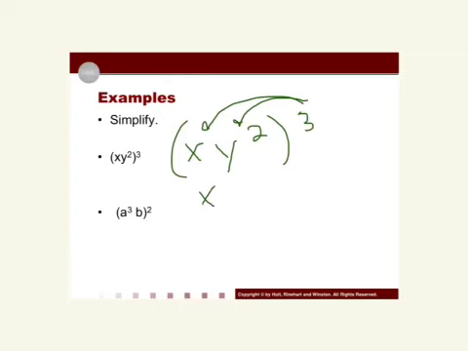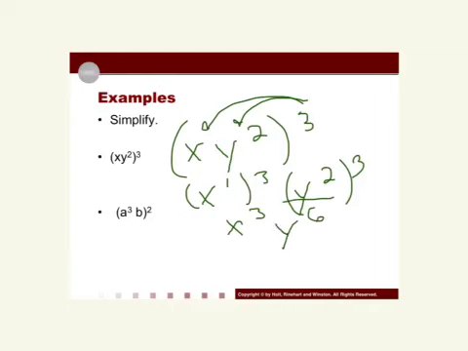So we're going to have x to the first cubed, and we're going to have y squared cubed. X to the first cubed would simplify to be x to the third. Remember, when we have a power of a power, we multiply our exponents. And y squared cubed would be y to the sixth power. So our answer is x cubed, y to the sixth.